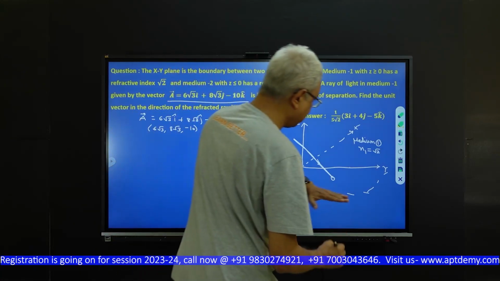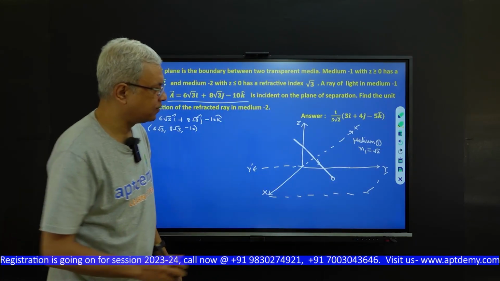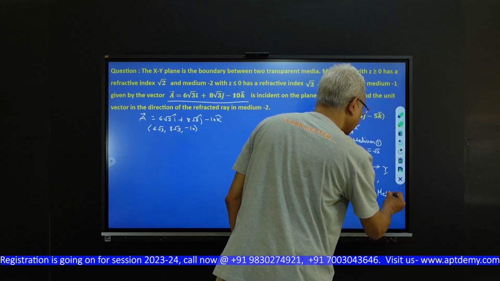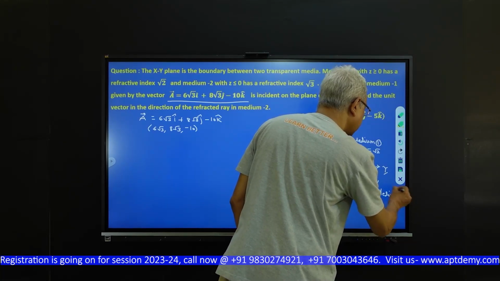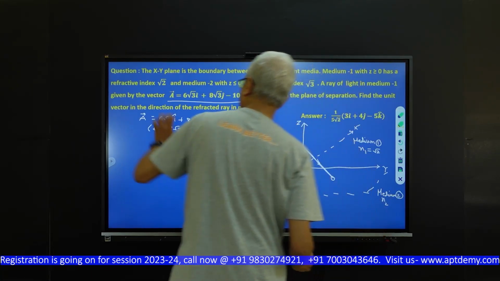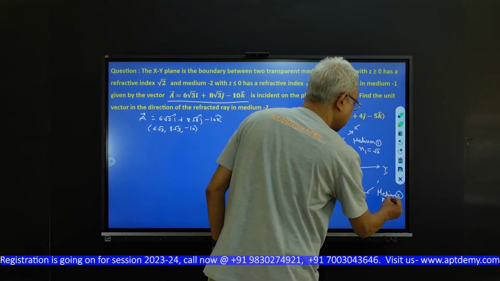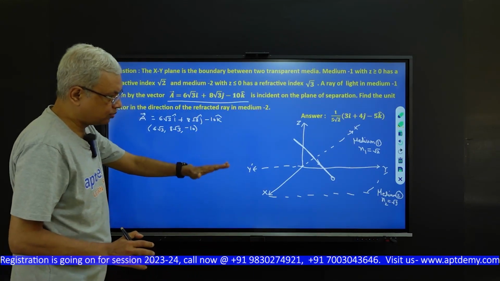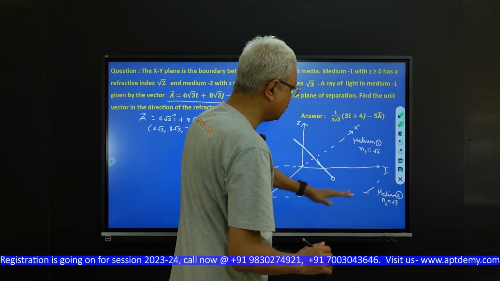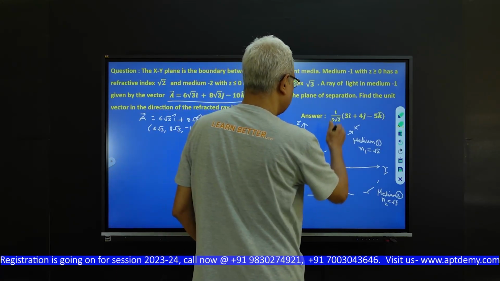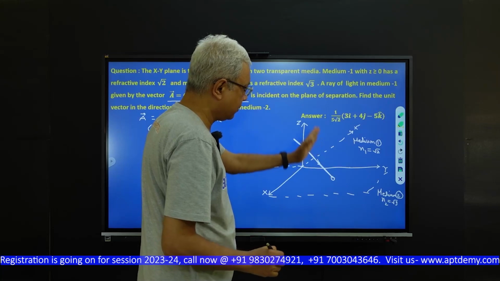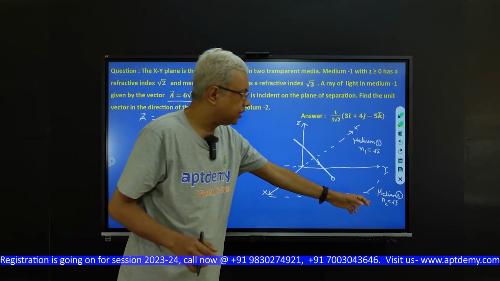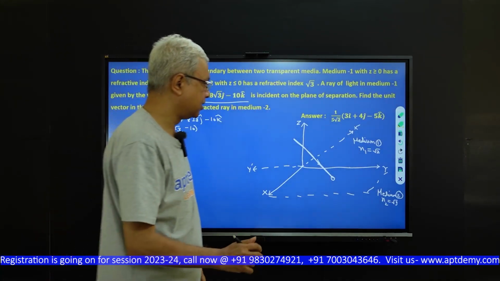And just below the xy plane is medium 2, having refractive index n2 equal to √3. So you can assume safely that medium 2 is the denser medium. So the refraction is from rarer medium to denser medium, because medium 2 has a higher refractive index.